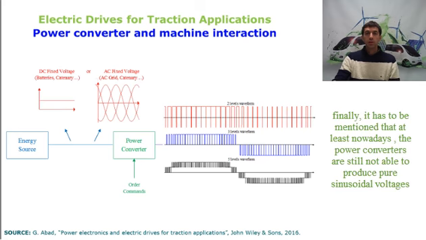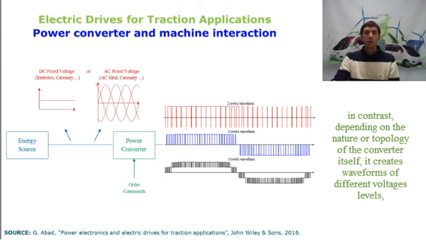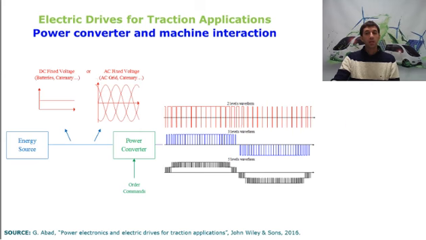Finally, it has to be mentioned that at least nowadays the power converters are still not able to produce pure sinusoidal voltages. In contrast, depending on the nature or topology of the converter itself, it creates waveforms of different voltage levels with more or less similarity to the ideal sinusoidal shape.